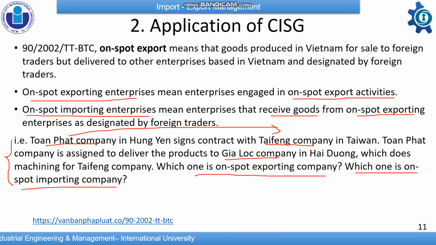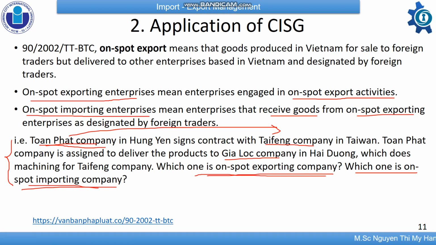Okay, so we can see here the on-spot exporting company is the company that engages in the on-spot export activity. So it means Toàn Phát company is the on-spot exporting company, right? And which one is the on-spot importing company?